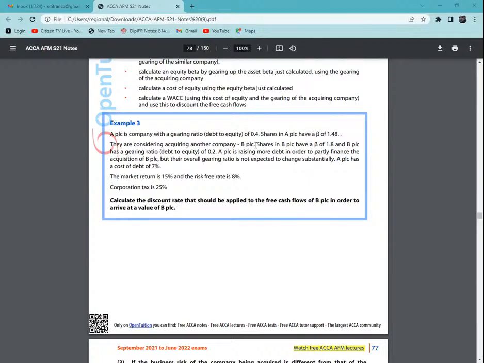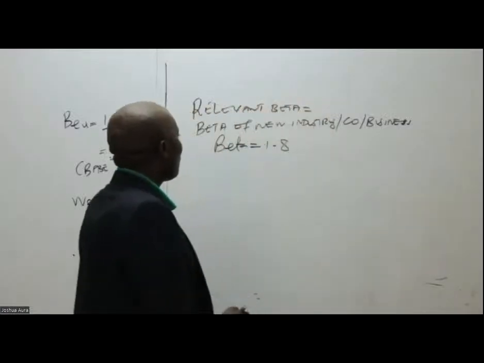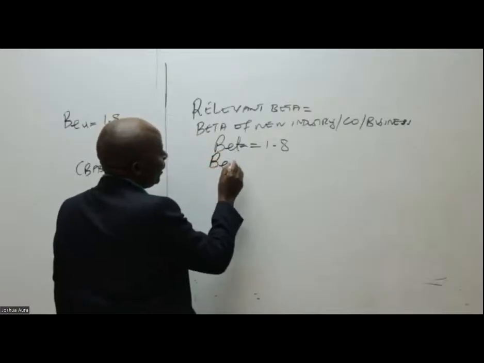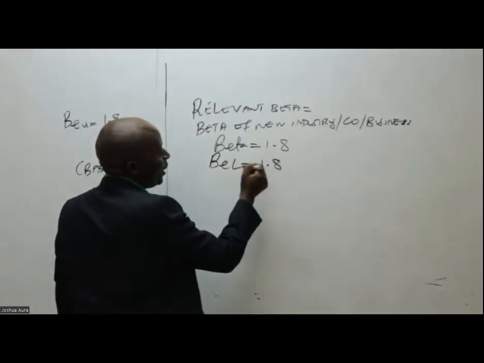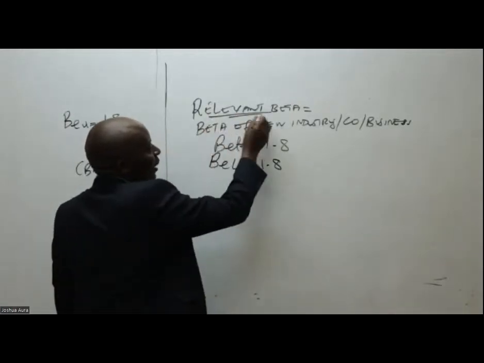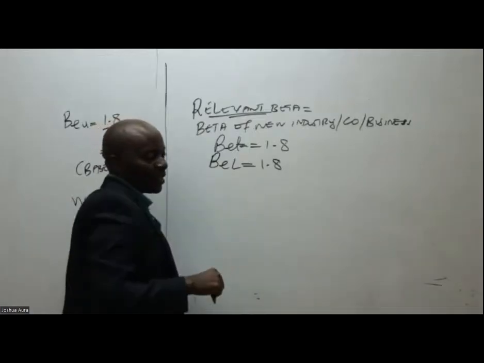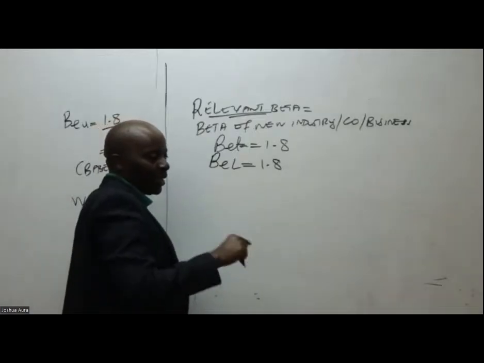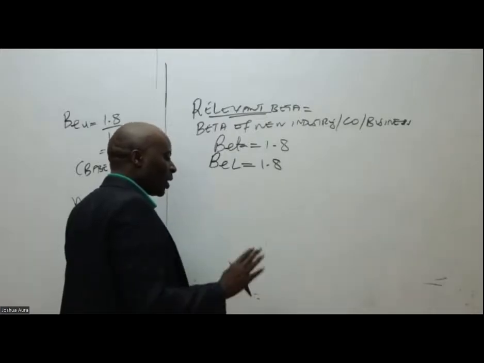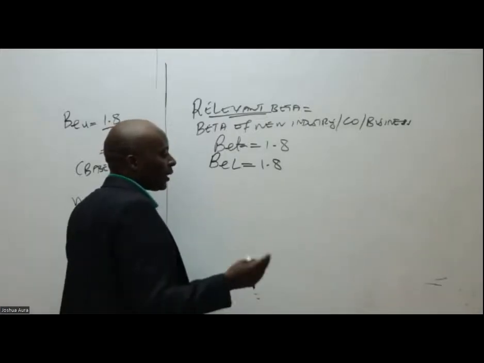And if it's a levered firm, ladies and gentlemen, then what I'll need to conclude here is that this beta is beta equity of a levered firm, which is 1.8. And the concept is very easy: this relevant beta has to be ungeared. So that now this firm, when it goes to this new industry, they'll decide later on to bring in debt and what percent.